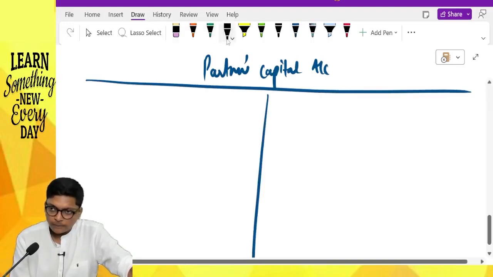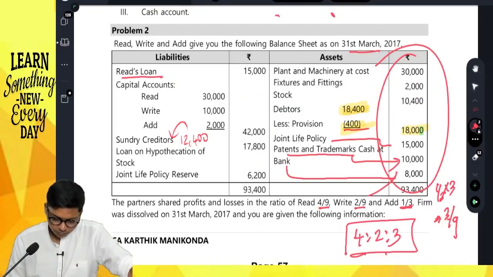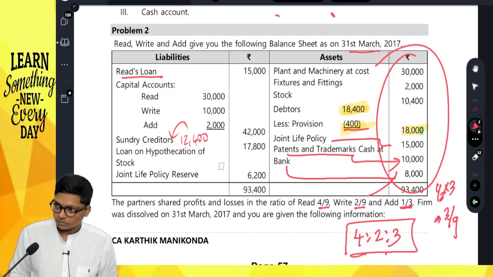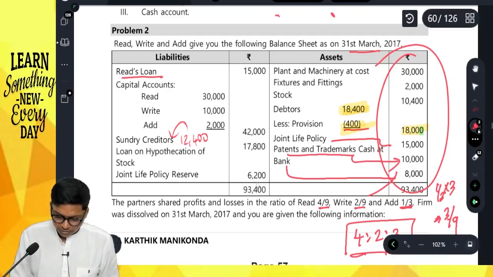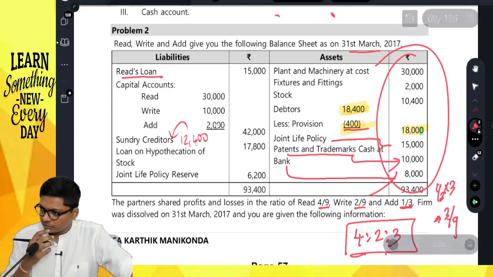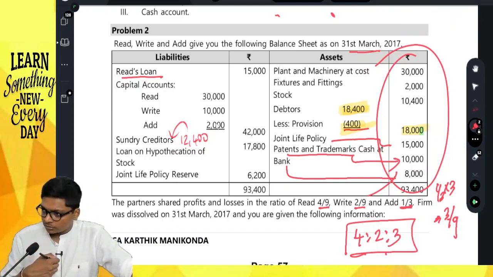Loan, you found it, which is 12,400. Loan is 12,400. Okay, loan is creditors. Sorry, again, it's study mat question, is it? Okay, so it's not study mat.